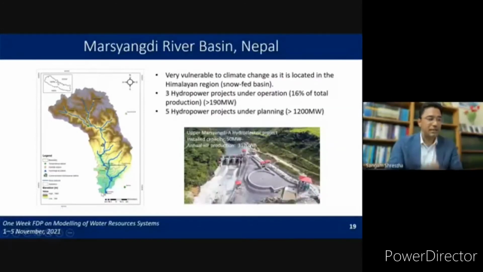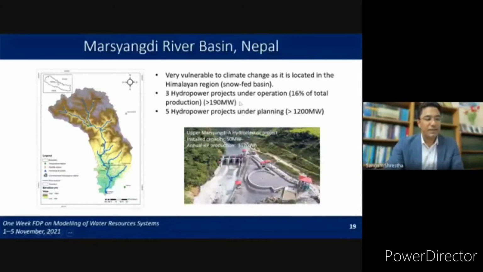As I mentioned, this river basin is very important in terms of climate change vulnerability of the hydropower projects located inside this basin. Currently, there are 3 hydropower projects under operation, and about 16% of the total hydroelectricity production comes from these 3 hydropower projects.